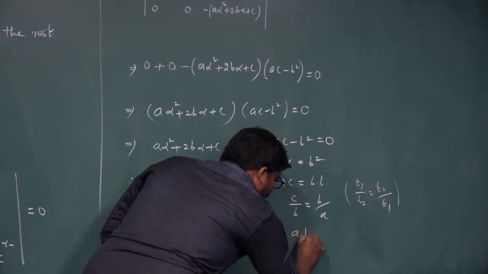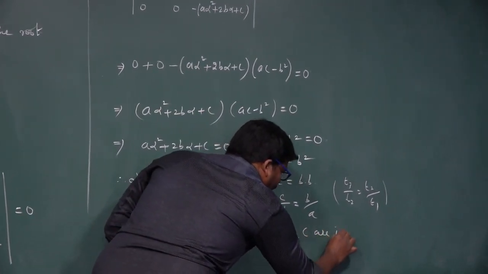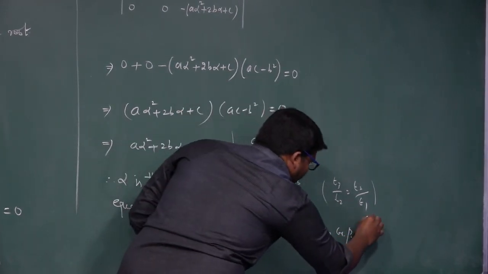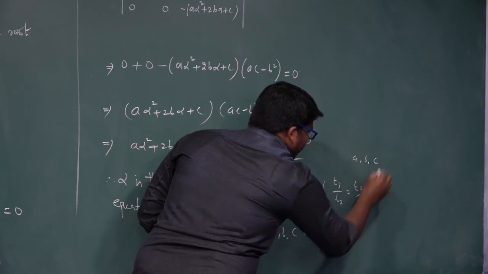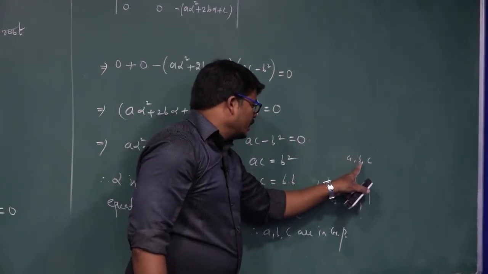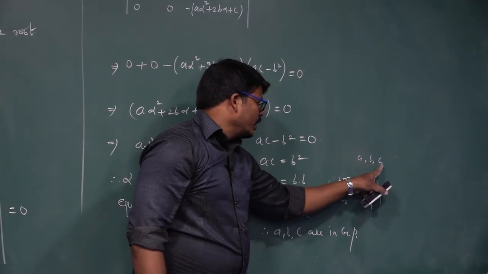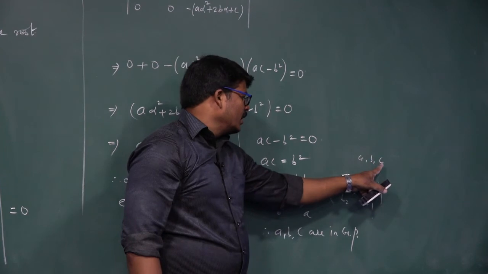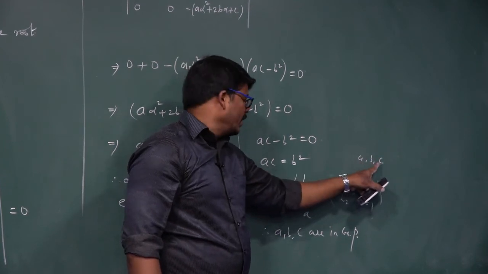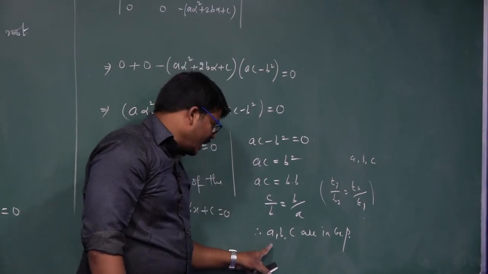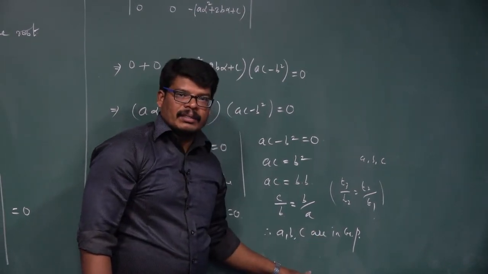Therefore, A, B, C are in GP. A, B, C are three terms T1, T2, T3. T2 by T1 is B by A. Next, T3 by T2 is C by B. Common ratios are equal, given the terms A, B, C are in GP.